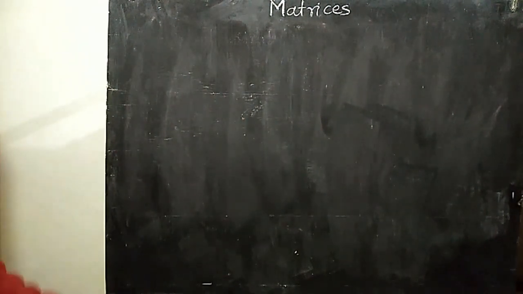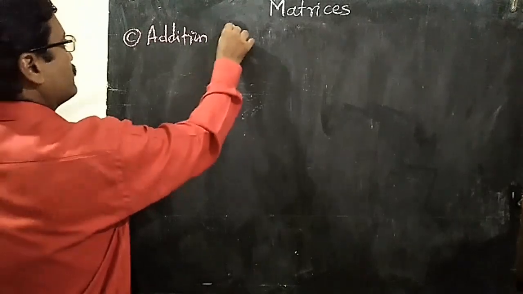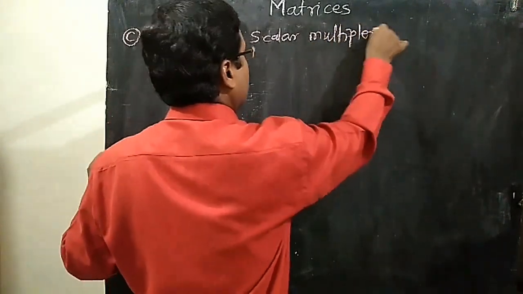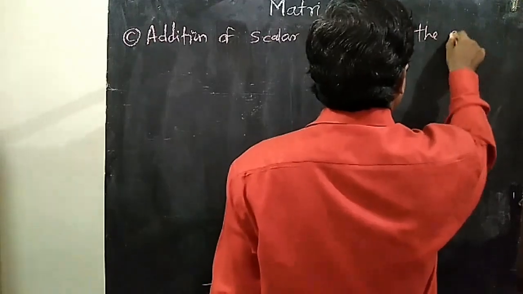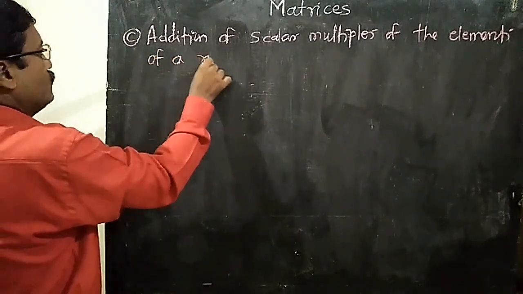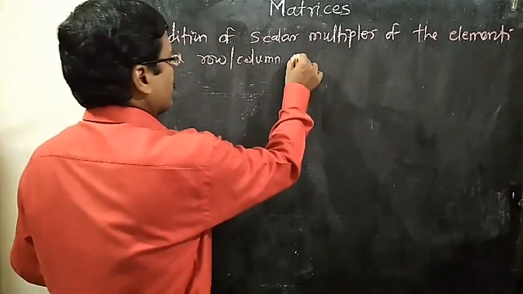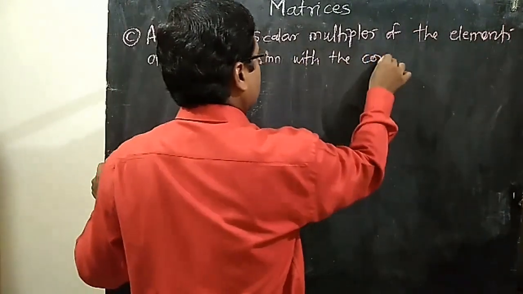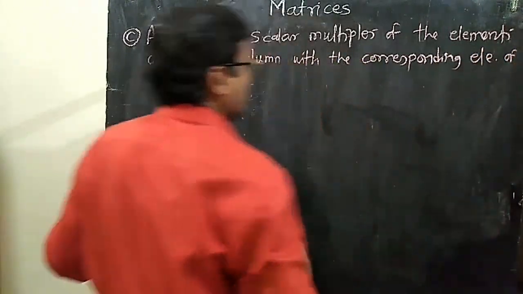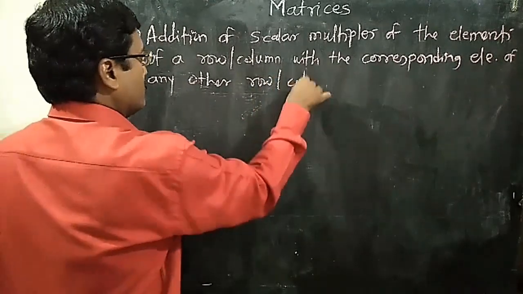The third elementary operation is the addition of scalar multiples of the elements of a row or column with the corresponding elements of any other row or column.